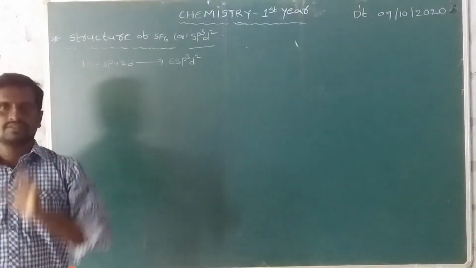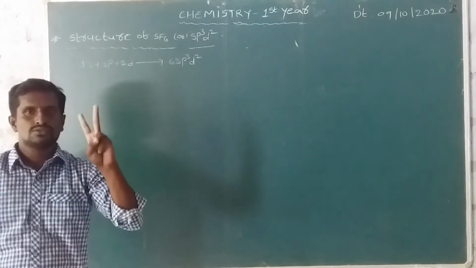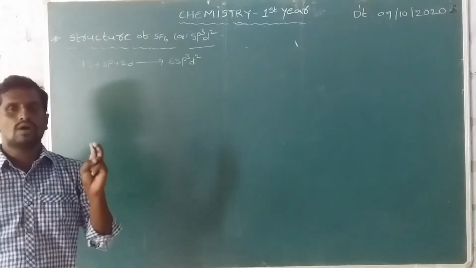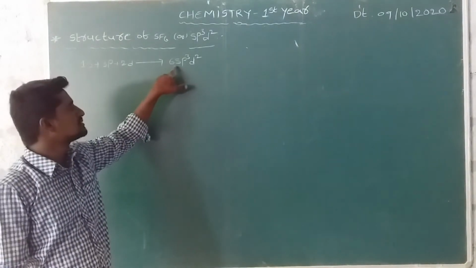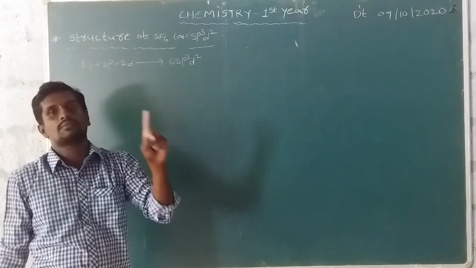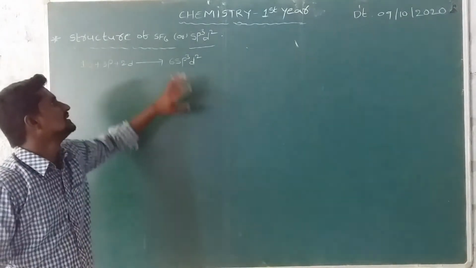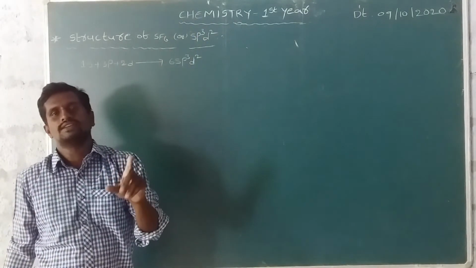This intermixing of 1 s, 3 p and 2 d orbitals to form 6 hybridized orbitals is called sp3d2 hybridization.